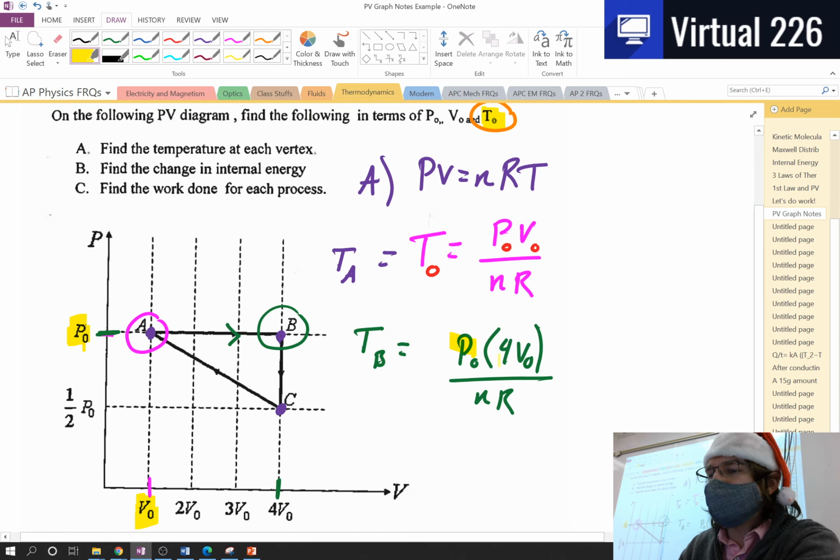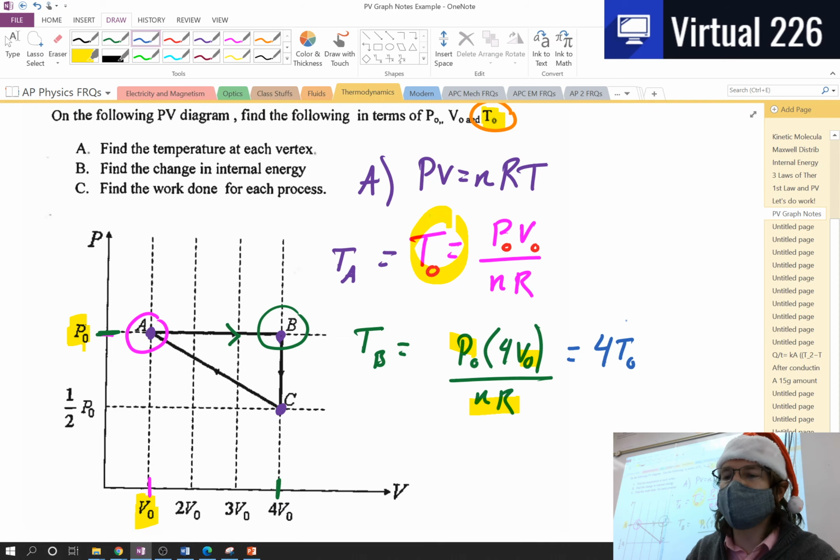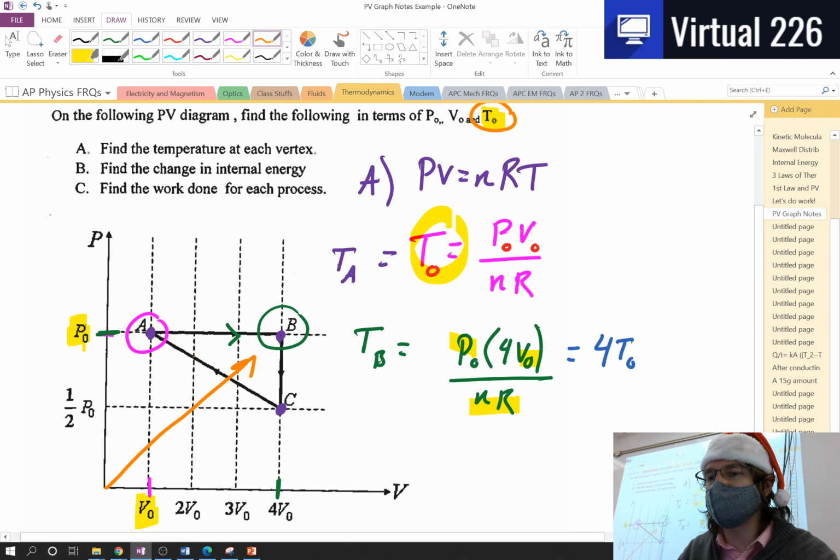The P naught, V naught, and nR are the exact same, so those are all equal to T naught, but we have an extra 4 here. So the temperature at B is just 4 T naught, which is 4 times the temperature of A. In general, what we can see on a pressure volume graph is as we move up and to the right, temperature increases.